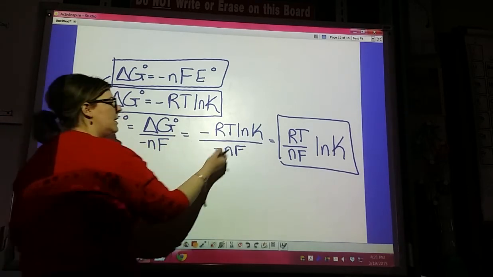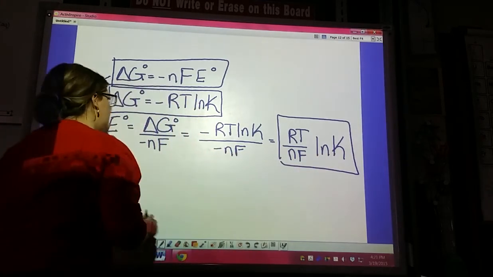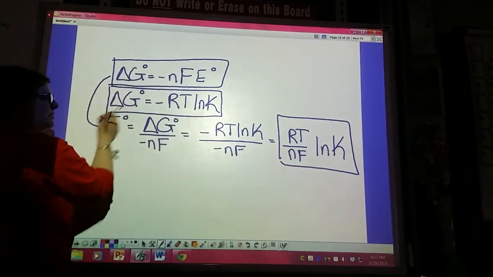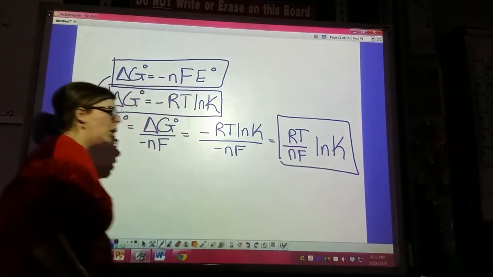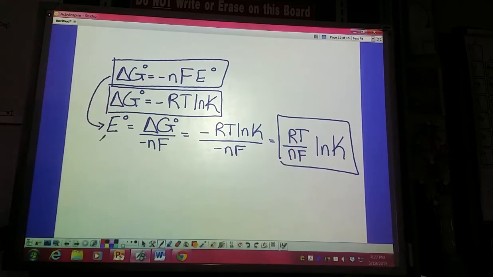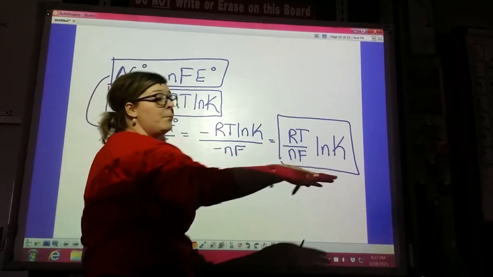Negatives are gone. I have RT over nF times the natural log of K. So standard cell potential is equal to RT over nF times the natural log of K. So these three big pieces are ones that you'll have to remember.